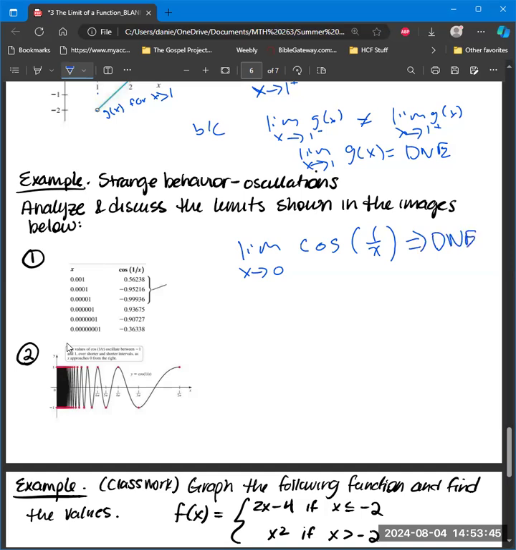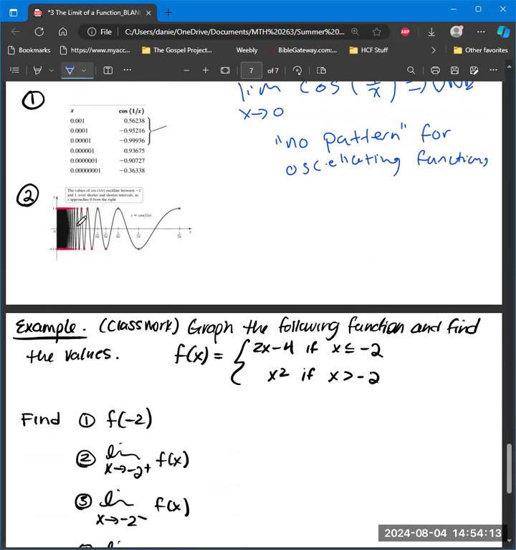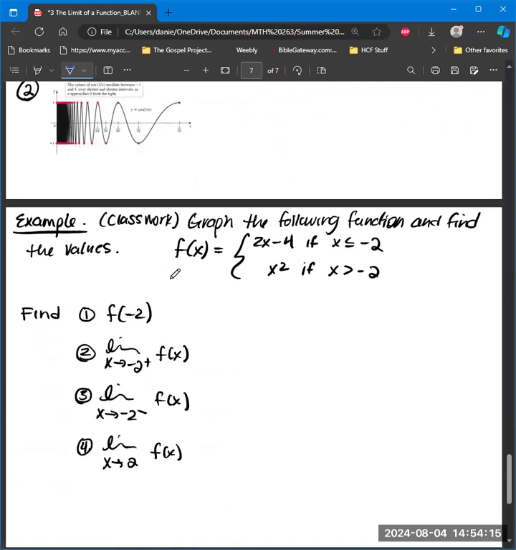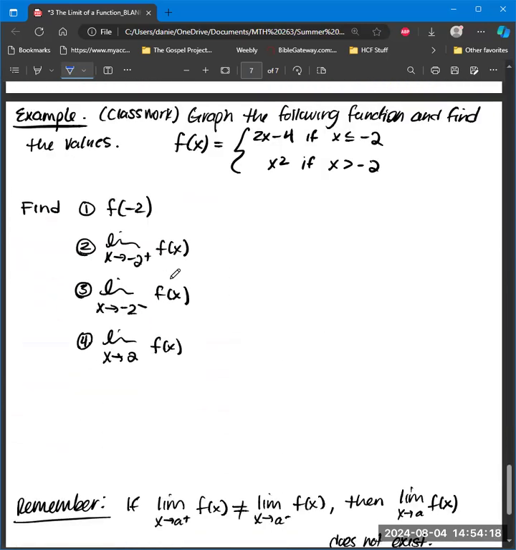So that does not exist because there's no pattern for oscillating functions like this. There will be some other functions that we'll specifically talk about later that have special limits. Even though they oscillate, we'll be able to tell you exactly what their limit is, and you need to memorize those special limits.